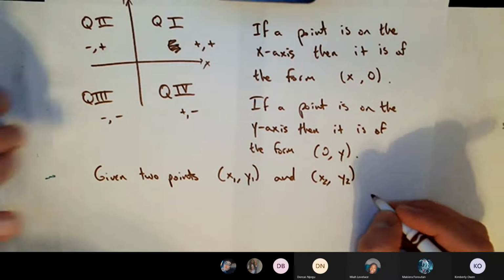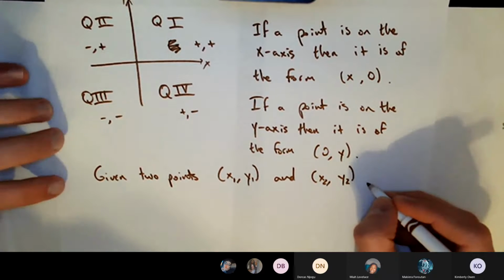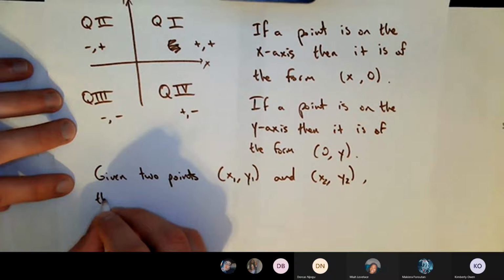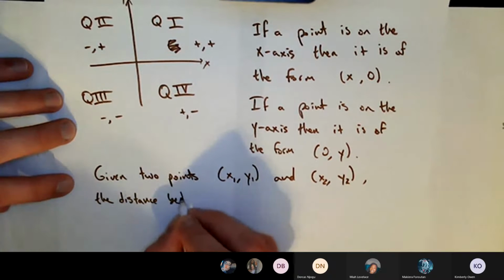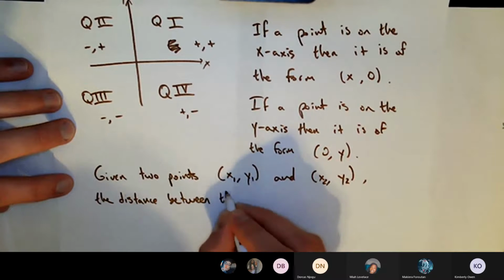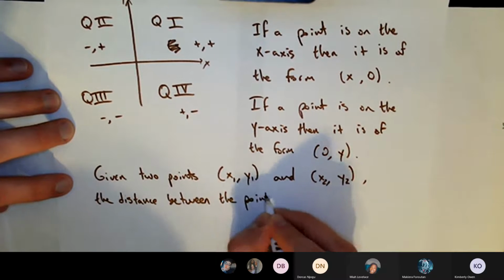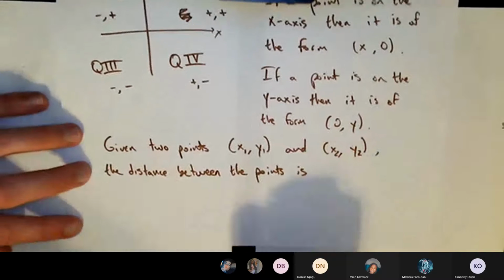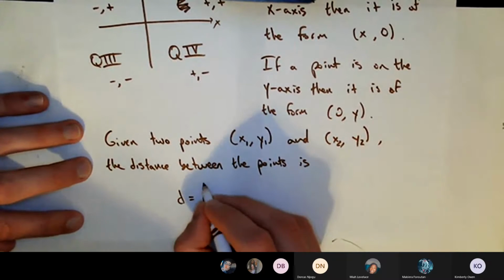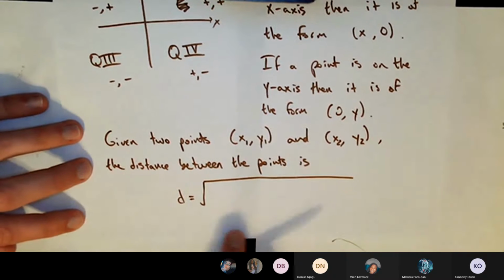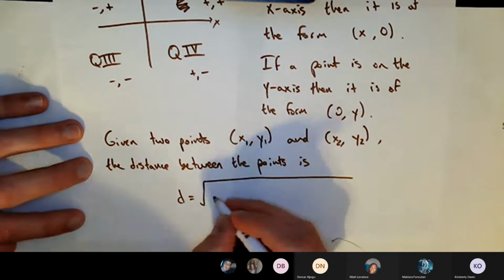So given 2 points, x1, y1, and x2, y2, the distance between the points is, and then we have this nice clean formula coming straight from the Pythagorean theorem. d is equal to a big square root.